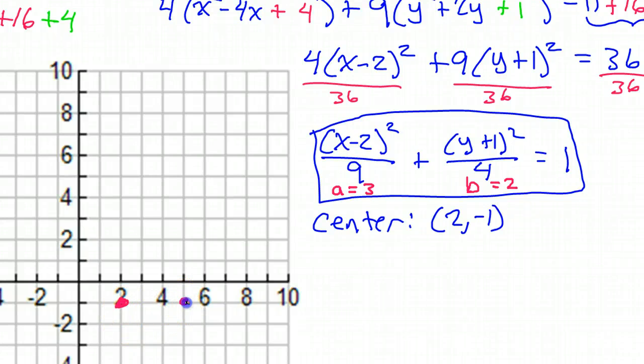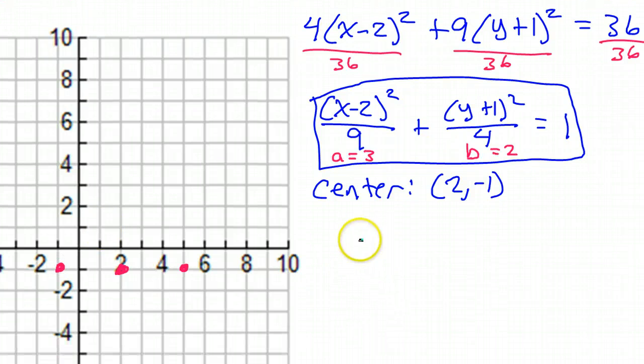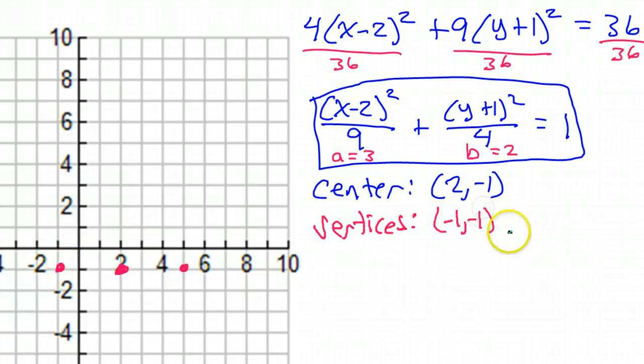So that's going to put me here and here. So right away, those are the vertices. Okay, and that's the point negative 1 comma negative 1 and 5 comma negative 1.